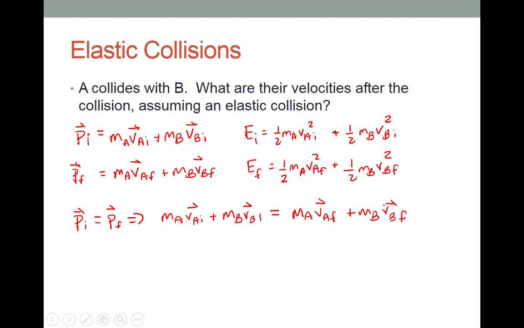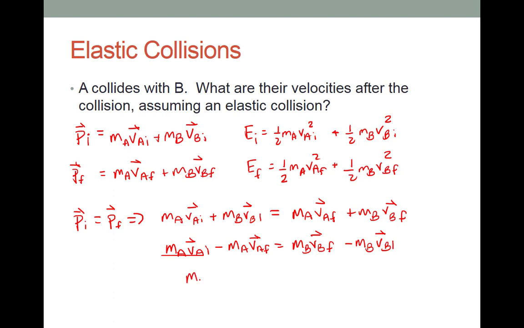Okay. Now I am going to rearrange this equation and move everything that has an A to one side and everything that has a B to the other side. That seems like potentially an odd thing to do, and I'm not going to motivate this move in any other way than to say I'm doing it because I know where I'm going in the math, and you're just going to have to trust me.